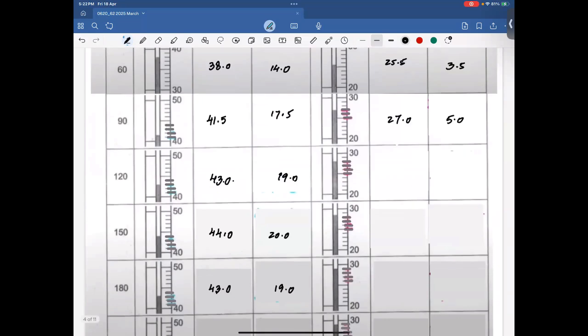Then 28.0, 6.0. Then 25, 26, 27, 28, and then 28.5.